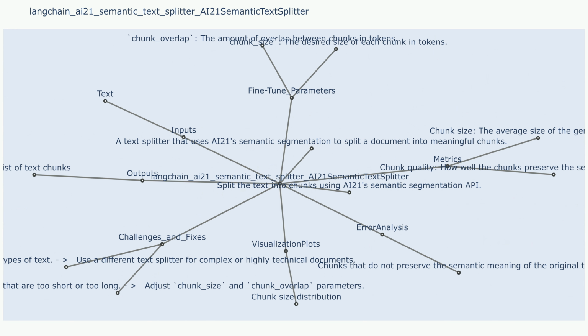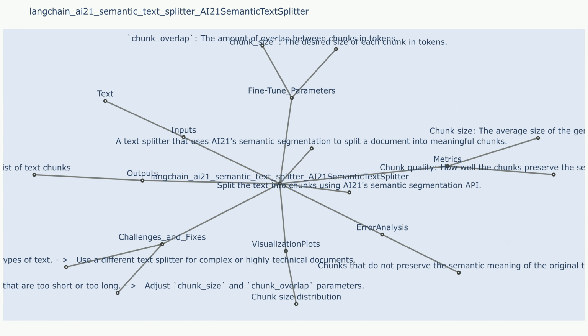Semantic segmentation visualization: visualizing the identified breakpoints within the input text can help understand how the splitter segments the text based on meaning. Fine-tune parameters: chunk size: adjusting this parameter can control the granularity of the splitting process. Smaller chunk sizes will result in more chunks, while larger sizes will create fewer but potentially larger chunks. Chunk overlap: this parameter allows for adjusting the amount of overlap between chunks. Increasing the overlap helps maintain context across chunks, but can also lead to redundancy.